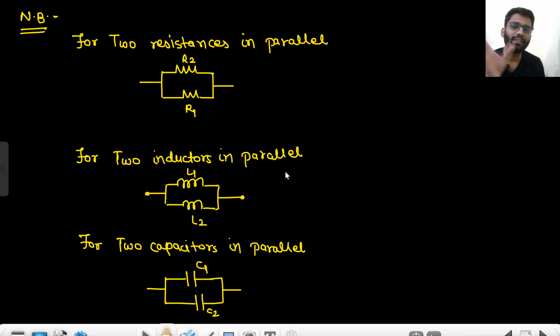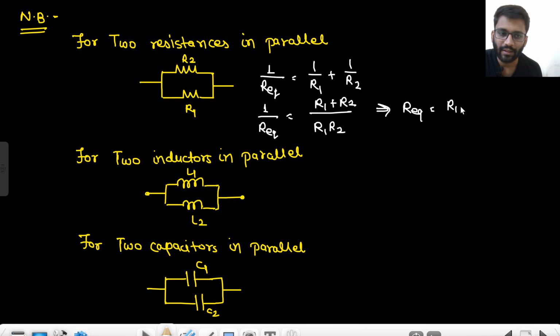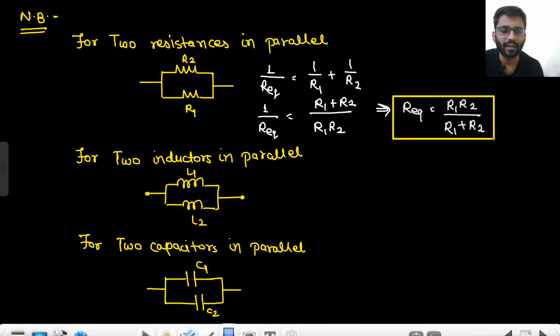If there are two resistors connected in parallel, how will you write the equivalent resistance? 1 upon R equivalent is equal to 1 by R1 plus 1 by R2, so 1 by R equivalent is equal to R1 plus R2 upon R1 R2. So R equivalent is R1 R2 upon R1 plus R2.